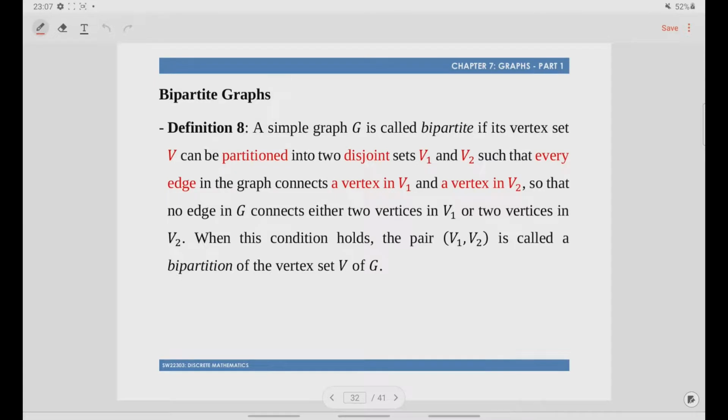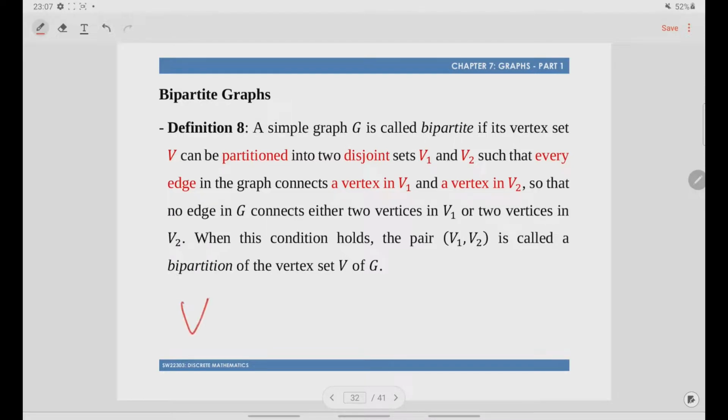Now we move to bipartite graphs. So what is a bipartite graph? In definition 8, a simple graph G is called bipartite if its vertex set, which is capital V, can be partitioned into two disjoint sets, V1 and V2.